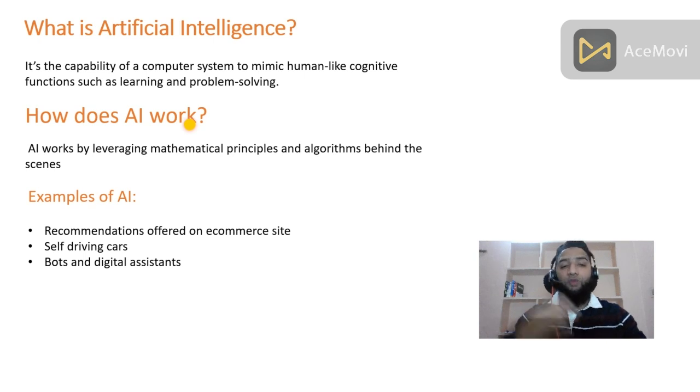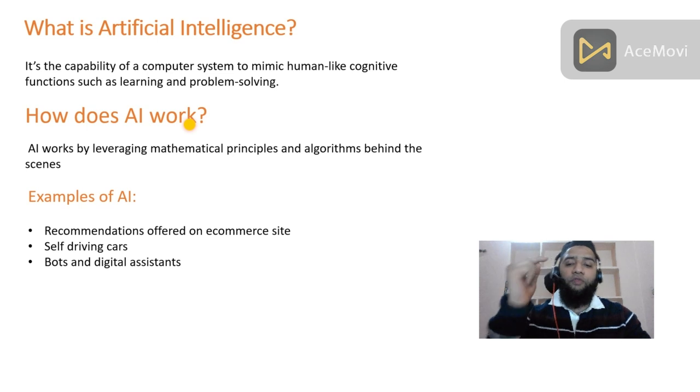Or for that matter, if you go on some other site, within the ads you would see that particular product. So how is this happening? It's the AI that tracks your browsing history, and based on that it displays that product. The other ones are self-driving cars, and then bots and digital assistants are also use cases of AI.